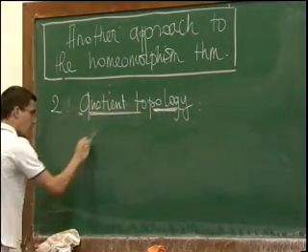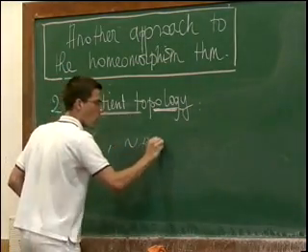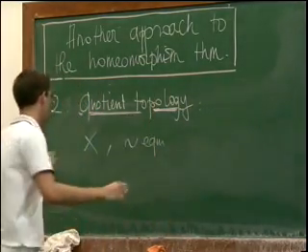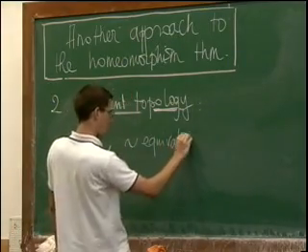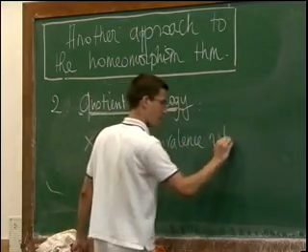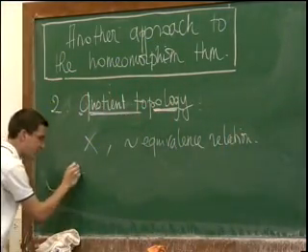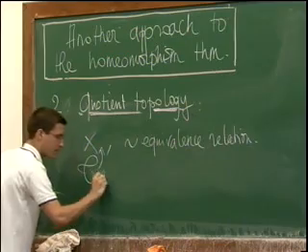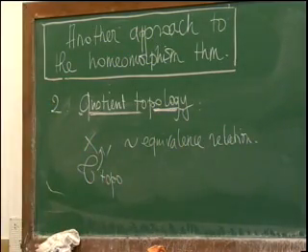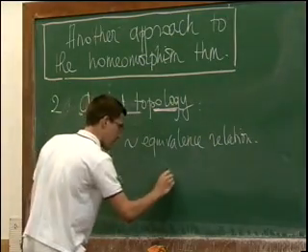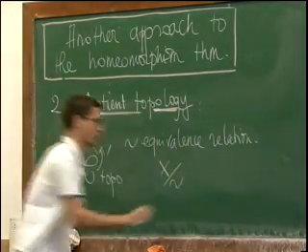So you've got a set X and an equivalence relation, and a topology on X. You can consider the set X quotiented by this equivalence relation, which is the quotient set.